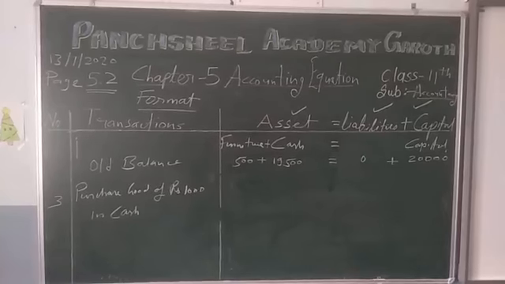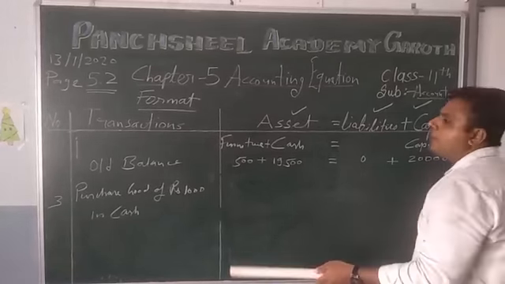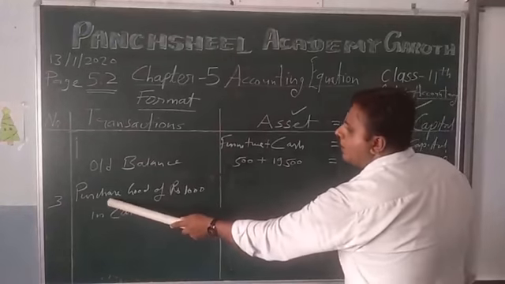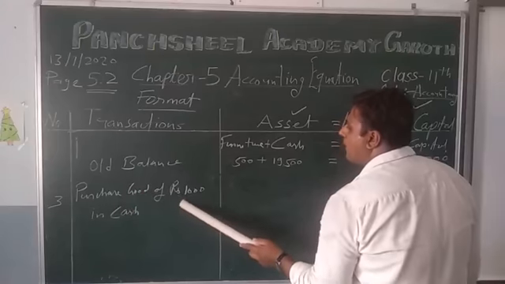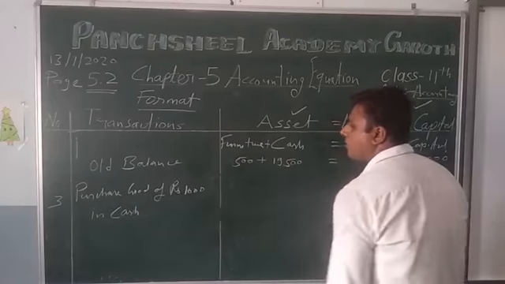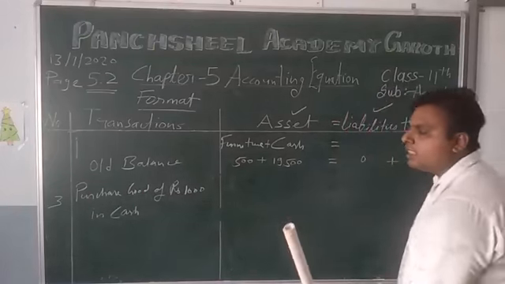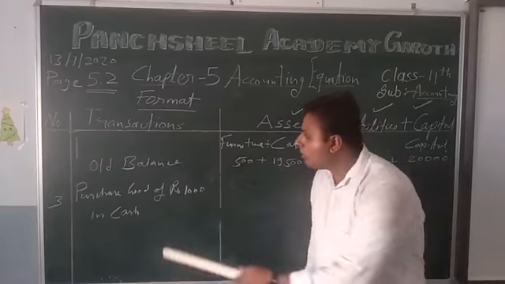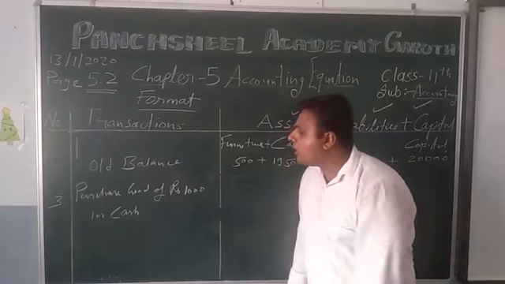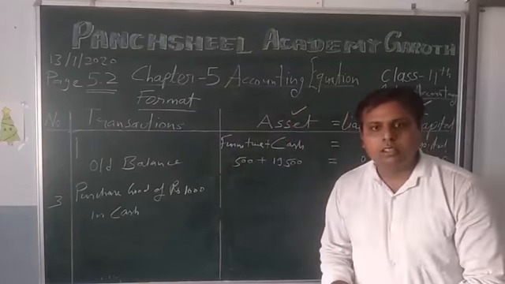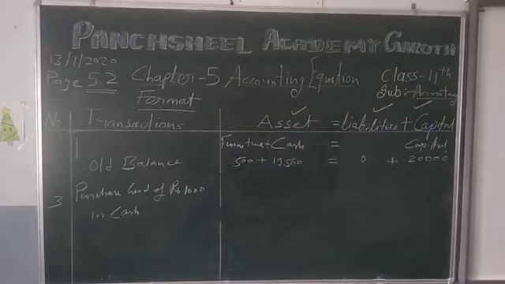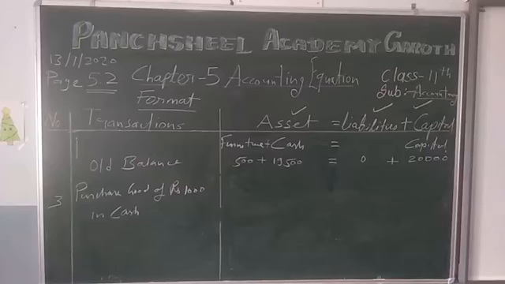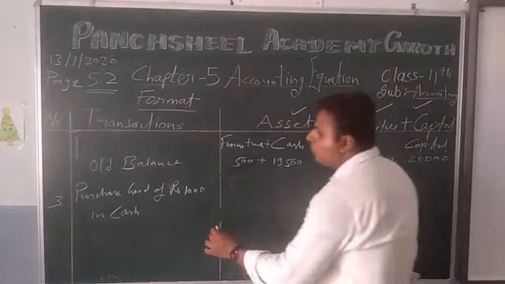Now, the third transaction on page number 5.3 says: purchase goods of rupees 1,000 in cash. The transaction will be available in the question. I have written it on the board. Okay, so it is impacting two things. Which two?